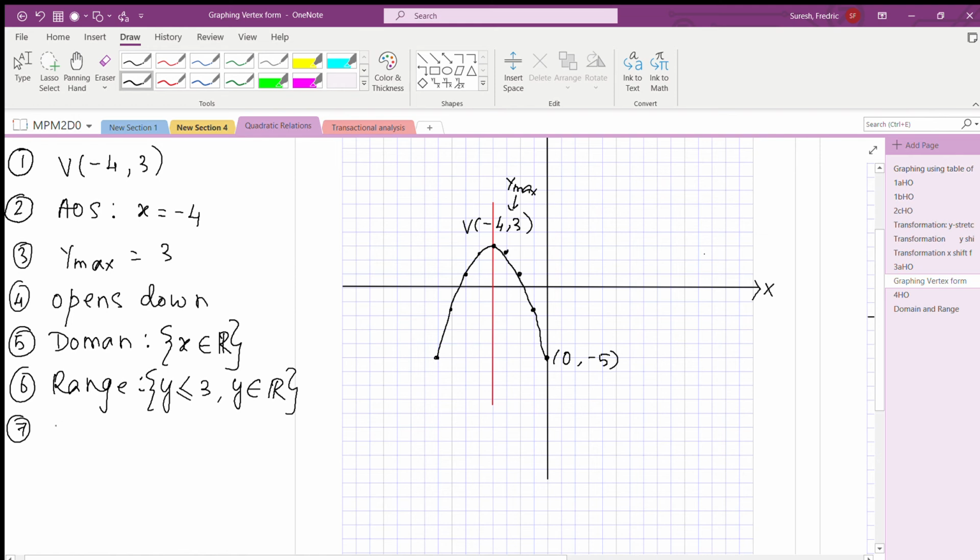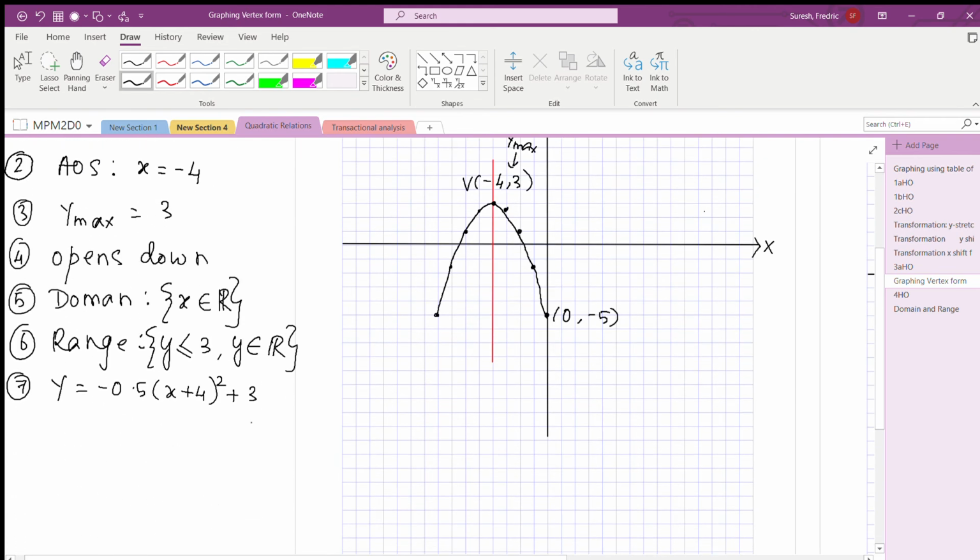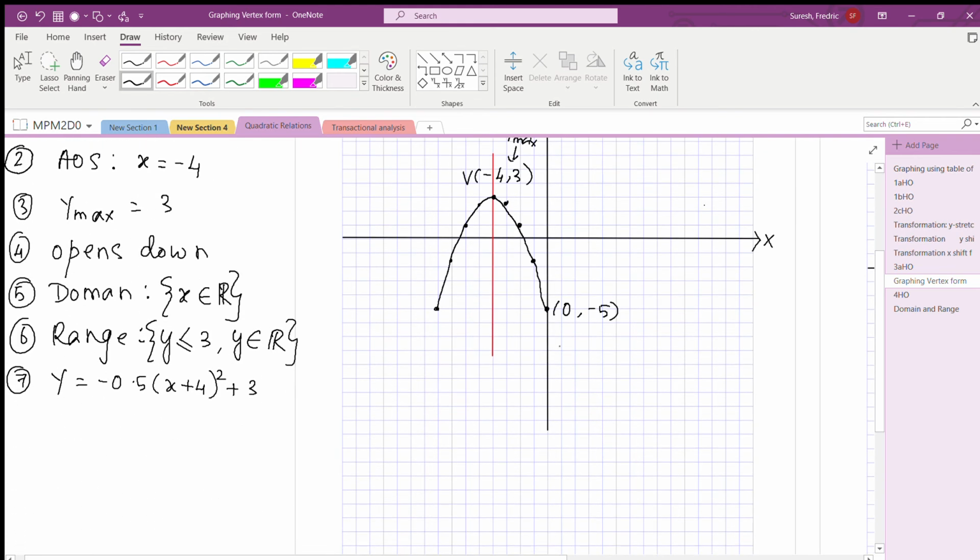Consider this equation, y equals -0.5 times (x plus 4) squared plus 3. So this is what happens. On the y-axis, the x value is 0. This is true at all times.